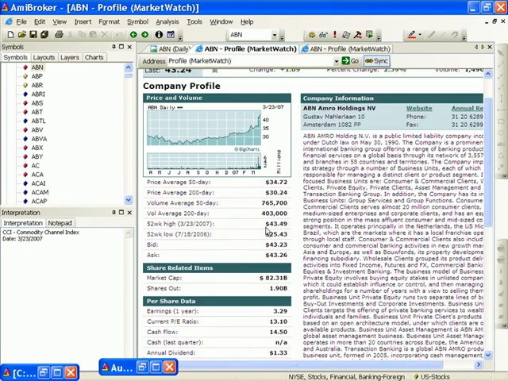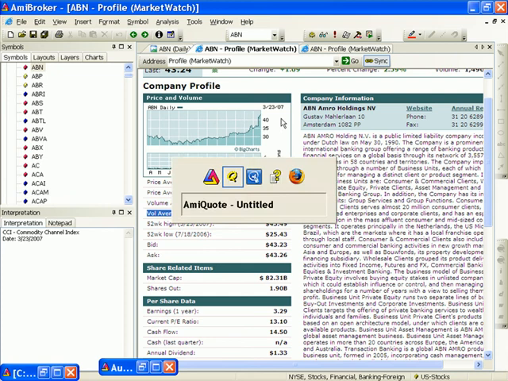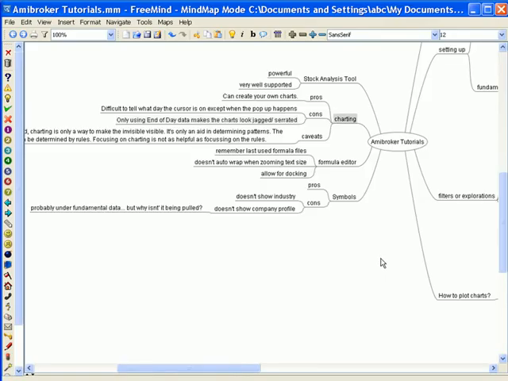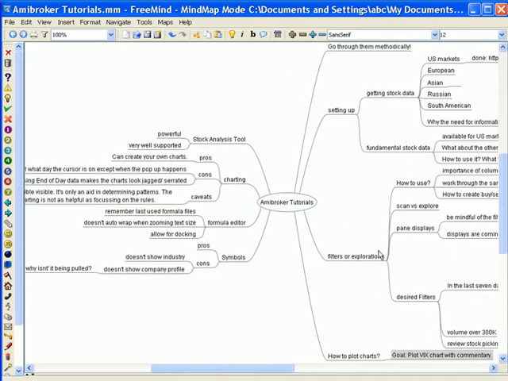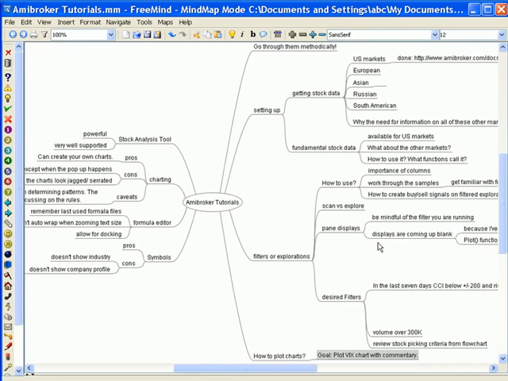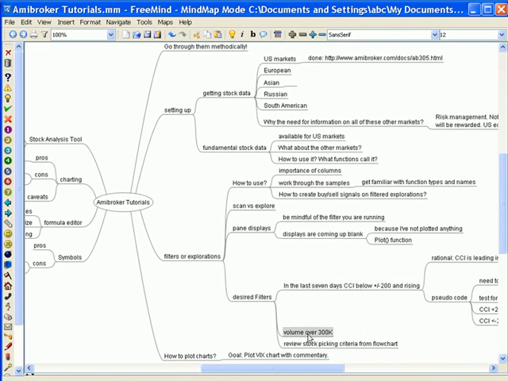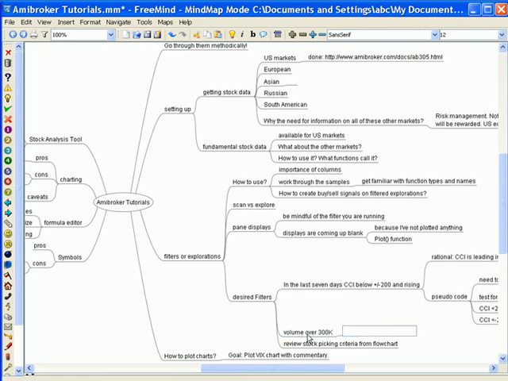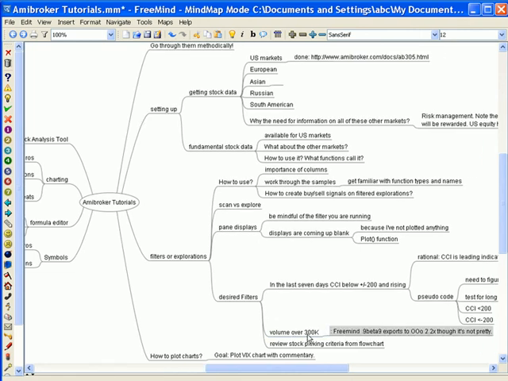There is the code right there. Volume average. I want to use volume average. Control C. Let's put that into my notes. Right here. Insert.